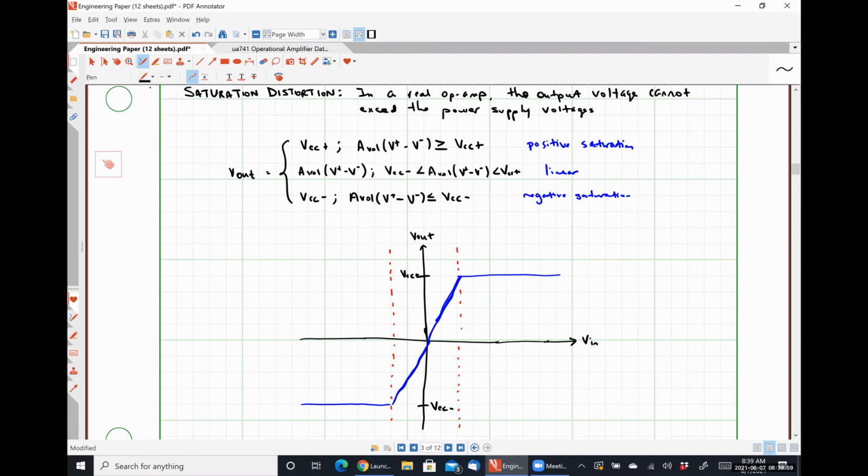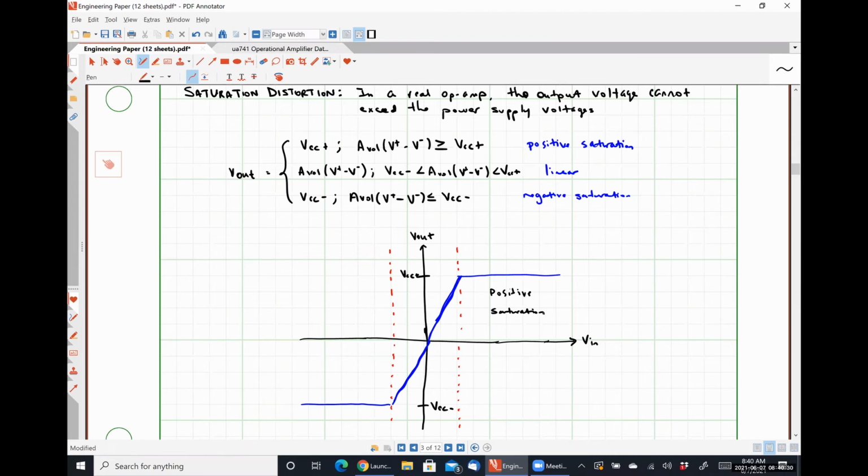So everywhere to the right where it flattens out, positive saturation. And it's called saturation because an increase in the input voltage does not cause a complementary increase in the output. So it saturates at a specific value.